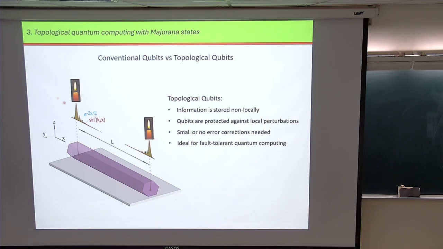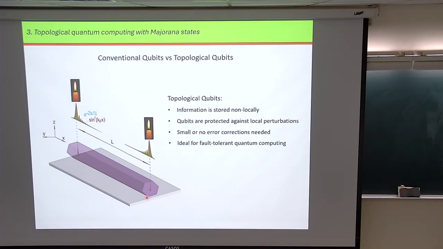So now you have these two Majoranas, and you build your qubit with them. For the Majorana at one end, you may have some perturbation, but this perturbation cannot destroy the information, because to destroy this Majorana it would also have to destroy the other one, since they have to come in pairs.